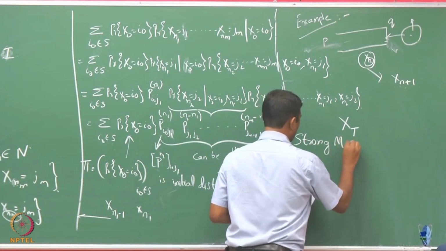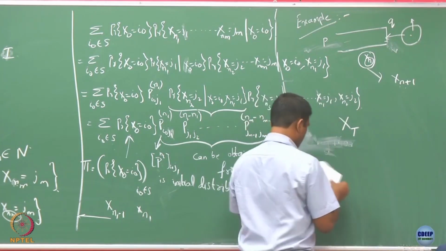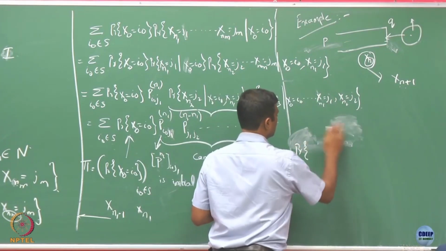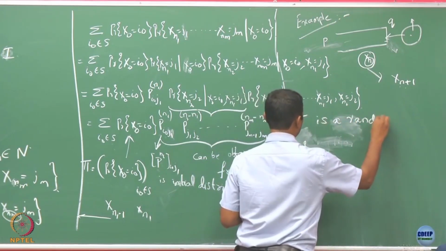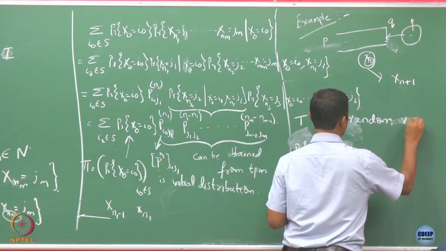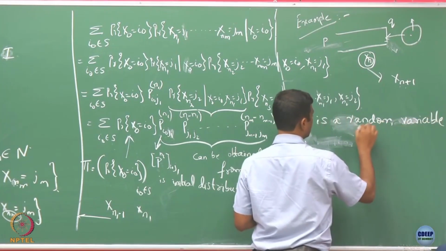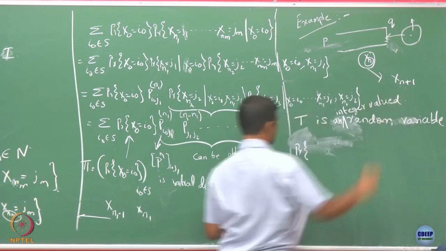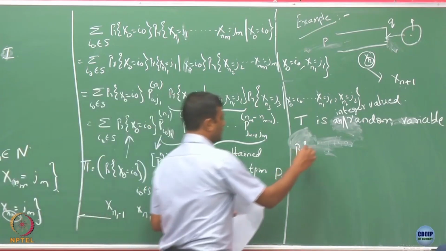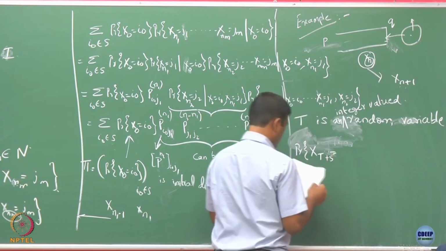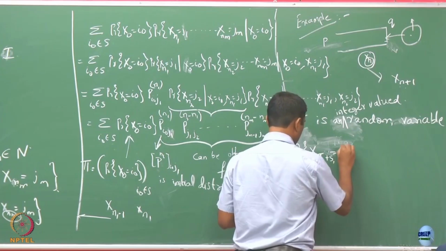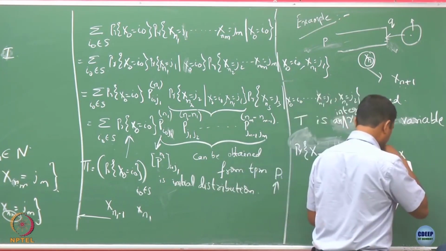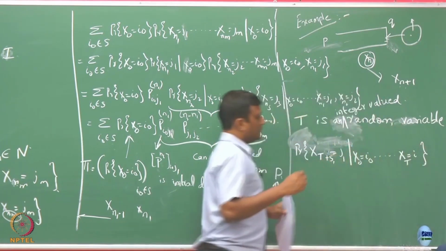I want to analyze this. Suppose T is a random variable which is integer valued. Maybe let us take it as one.